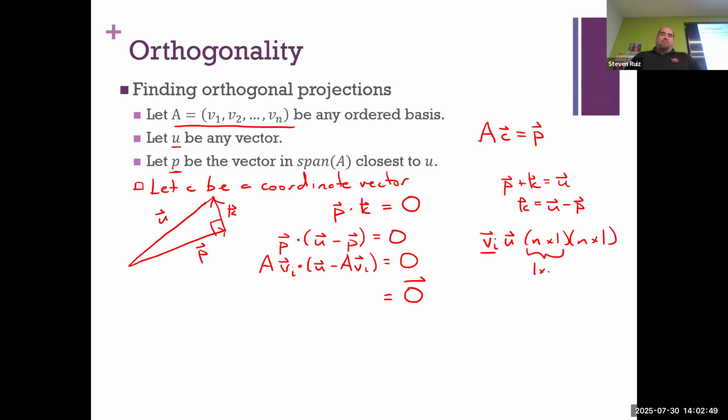I can transpose it. So what I'm going to do is say A dot VI transpose. And now I don't have to do a dot product. Now it's U minus AVI equals 0. So hopefully I didn't feel too much like a cheat.